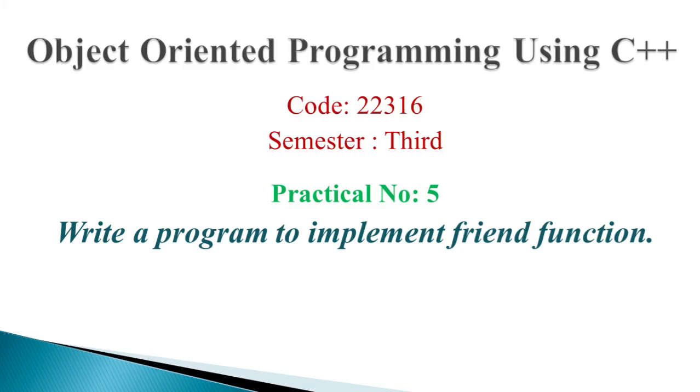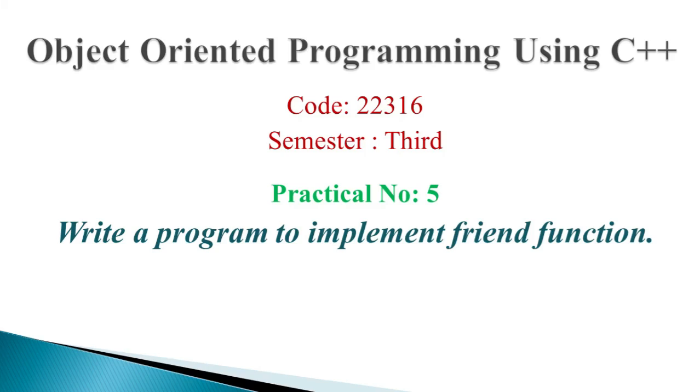So for accessing the variables, members or member functions of a class outside the class, we will use the concept of a friend function, which is present in C++. Today we will see one program to use a friend function in C++.